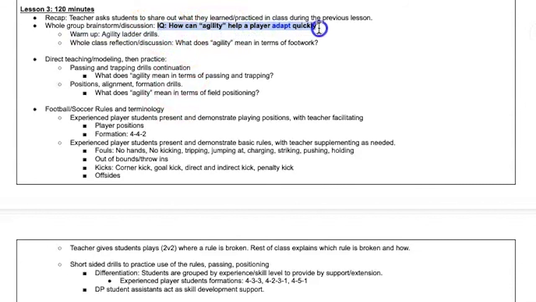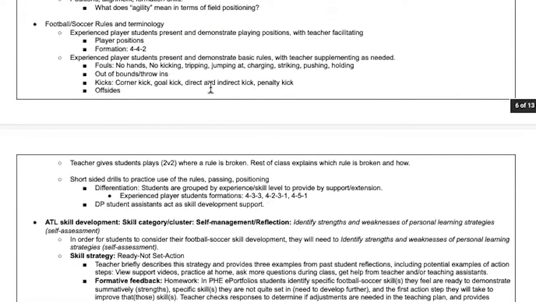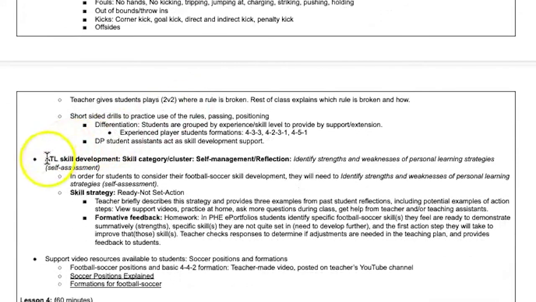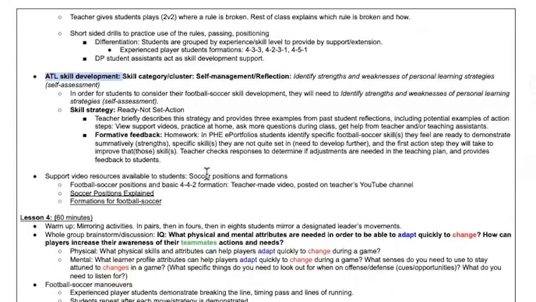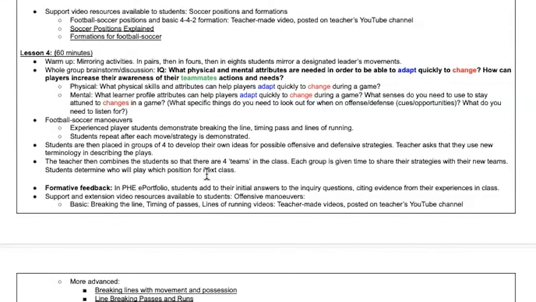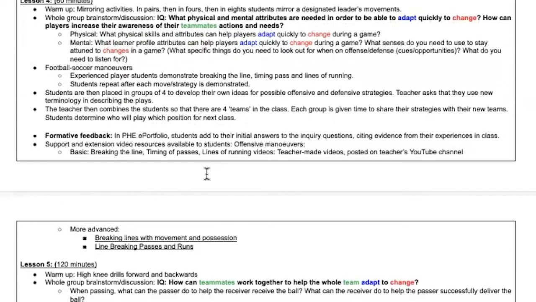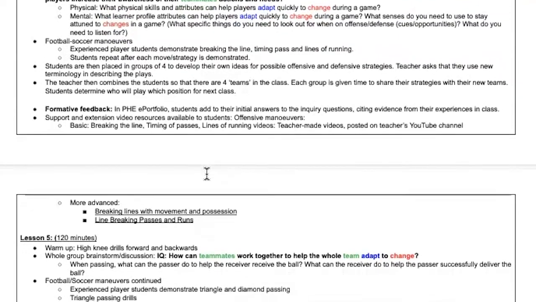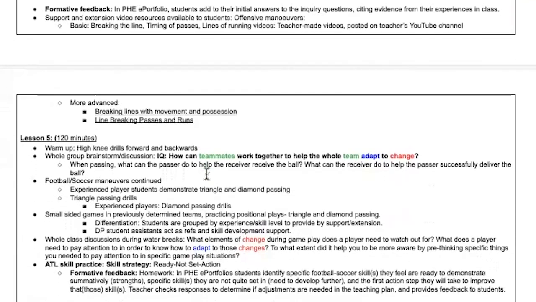Again, the statements, the inquiry questions are evident. Where the ATL skills are taught is evident. Where formative feedback happens is clearly outlined.